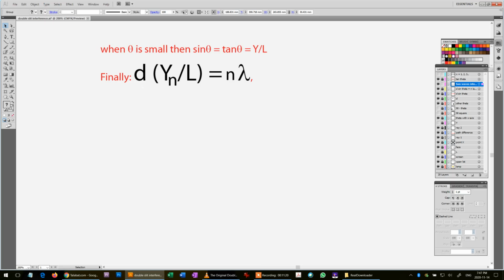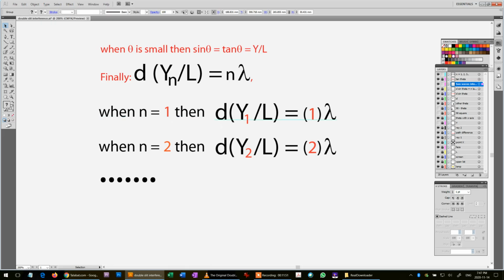D, the distance between the openings in the slit, times y, the distance between the spots, over L, and n: the first bright spot when n is equal 1, the second bright spot when n is equal 2, the third bright spot when n is equal to 3, and n is the same variable in lambda.